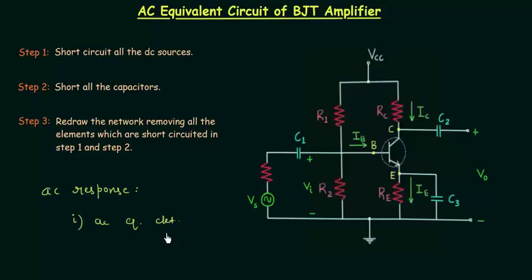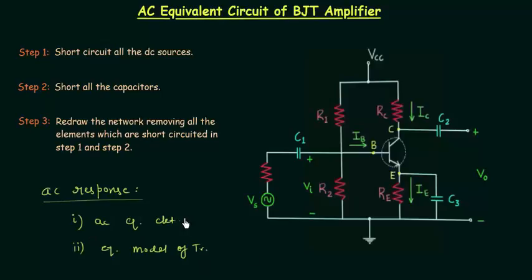Once we have the AC equivalent circuit, we will replace the transistor with its equivalent model. So we need the equivalent model of the transistor. These are the two things we need to do in order to find the AC response. I will start with the AC equivalent circuit, and after this we will move to the equivalent model of the transistor.